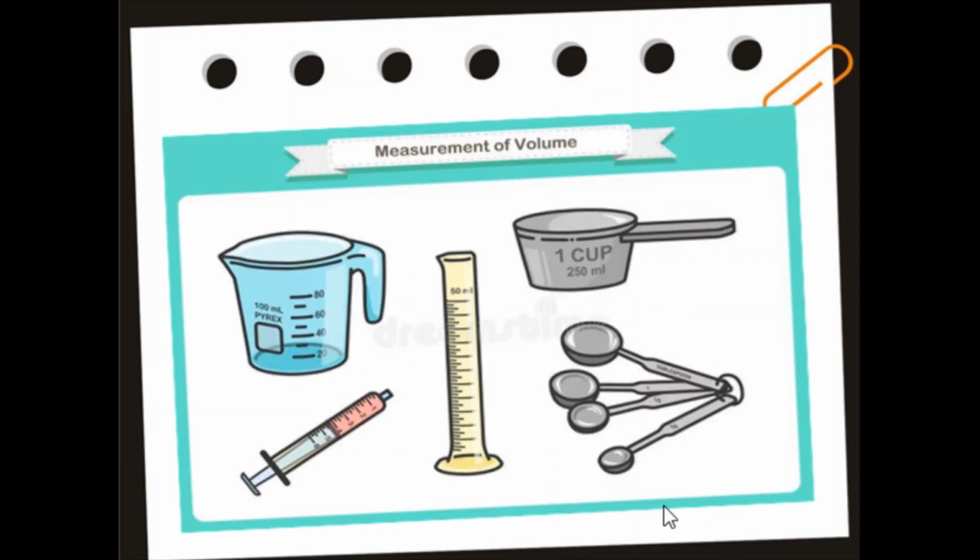Remember, last meeting we studied about measurement of volume or volume of measurement. Can you remember it? Included in that lesson, we learned the different kinds of goods, which are dry goods and liquid goods. Let's see if you can still remember what are examples of dry goods and what are examples of liquid goods.